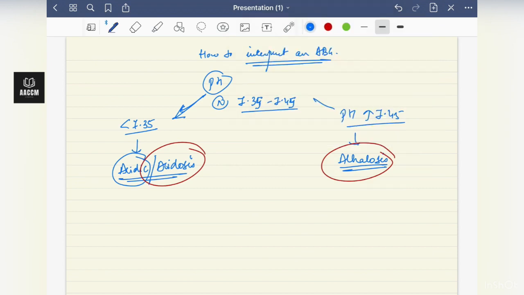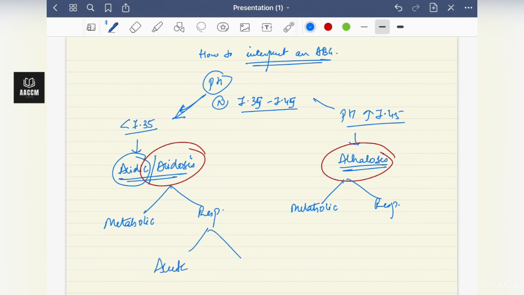Again, if we divide it into further points, the acidosis can be metabolic or respiratory, as well as the alkalosis can be metabolic as well as respiratory. Okay, so again, the acidosis in respiration can be an acute event or a chronic event, as well as alkalosis can be an acute event or a chronic event.